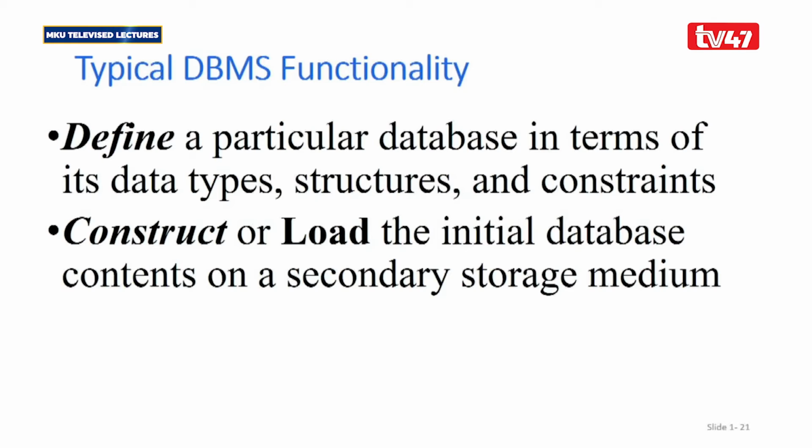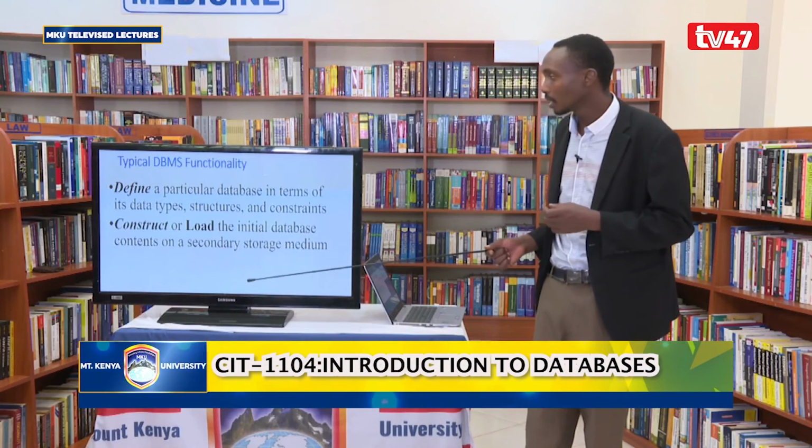That means I need to know what kind of data type I'm going to use to store the admission number. If it is a phone number, I need to know what kind of data type will be used to hold a mobile phone number, and so on. So at the end of the day, when we are designing a database, we define its data types, the structure, and the constraints or rules for that particular database, and how the database will look.